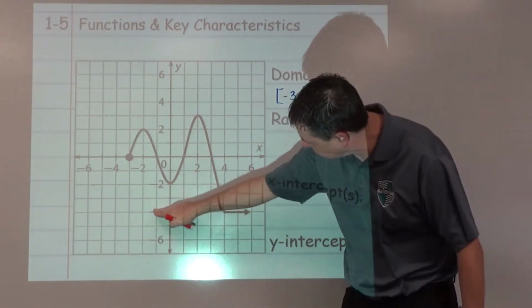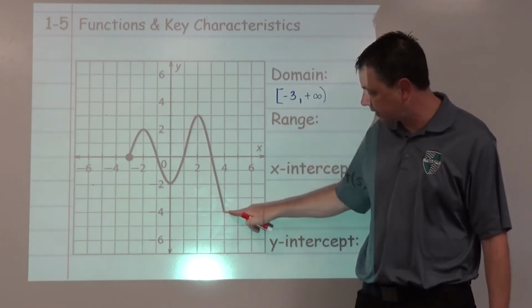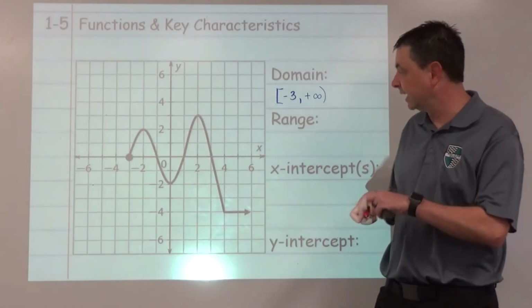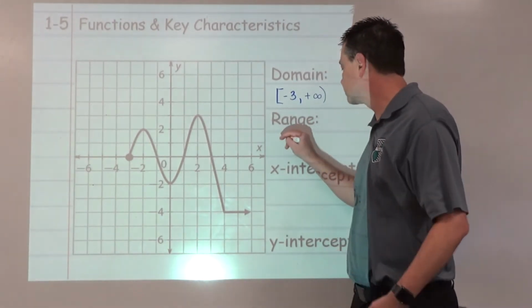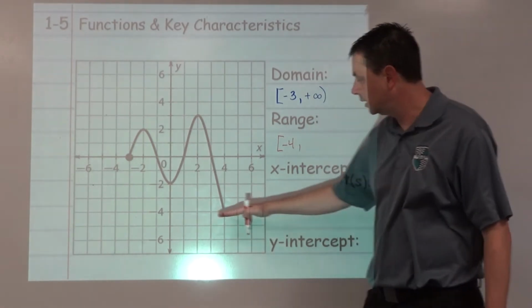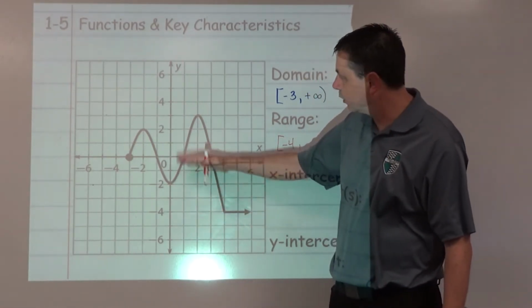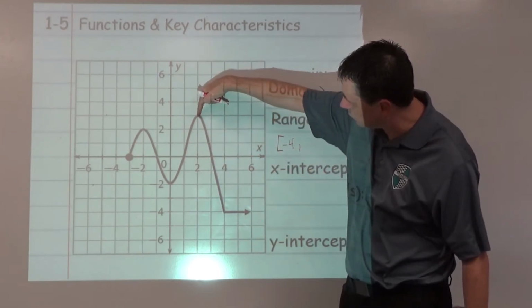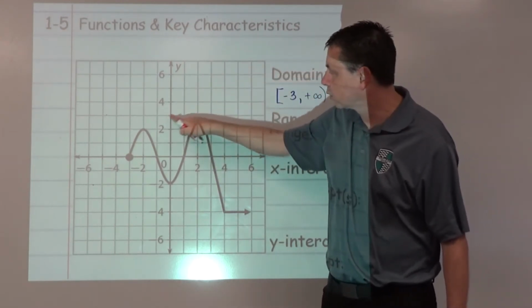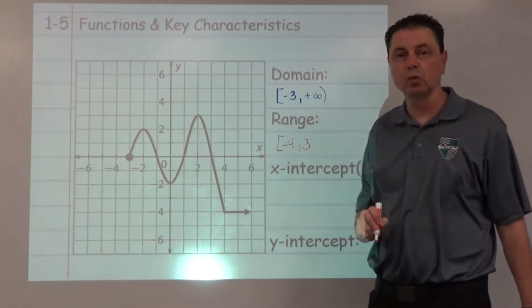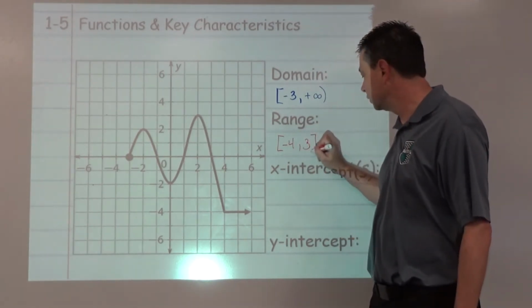The lowest that it goes is -4, and it does touch -4 as it rides right along that line at -4. So it would be bracket -4, comma, and then how high does it go? Well, it doesn't go up forever. There's nothing up here. The highest that it goes is right there, corresponding to +3, and it does touch that as well, so that would also be a bracket.